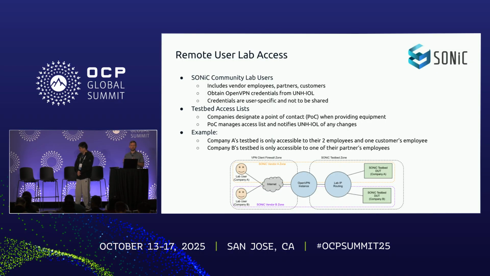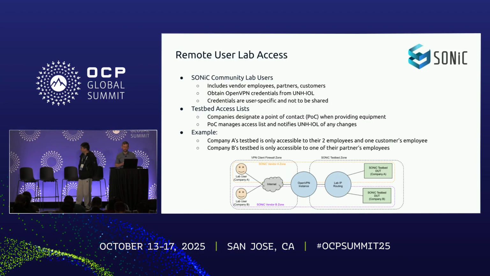So credentials are obtained from the UNH IOL. And once you have those credentials, you can then be added to different access lists by the vendor that owns the testbed. So in this case, we have 2 examples.